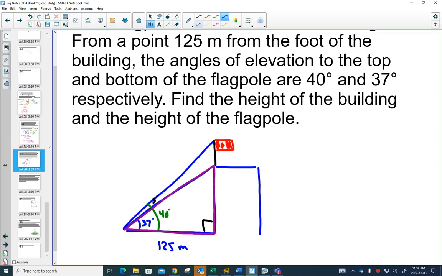So that's a problem, because you can only use SOHCAHTOA and a squared plus b squared equals c squared if you have right angle triangles. So the question is, can you see the second right angle triangle? Both triangles, kind of this big one here. That is the second right angle triangle.